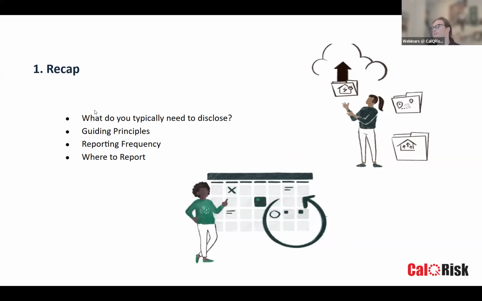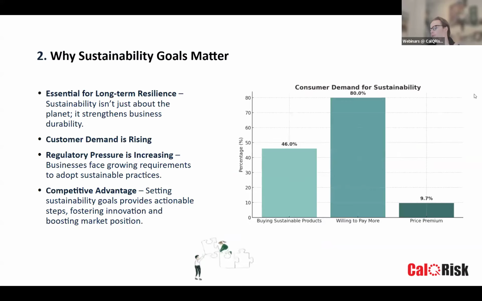So in terms of setting goals, what we need to first look at is why they matter. There are the 2050 goals and the 2030 goals, but even putting that aside for the moment, sustainability isn't just good for the planet, it's good for long-term business.